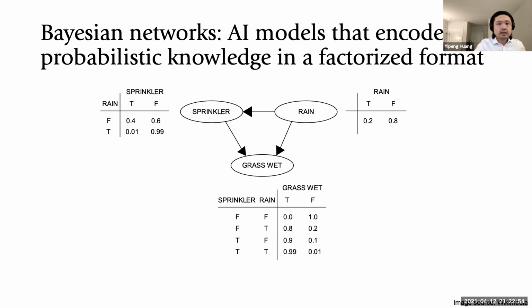This is a classic example of a Bayesian network where the Bayesian network is able to give insight on what are the truth probabilities of different events based on cause and effect dependencies, and also conditional probabilities that we know about each of these events.